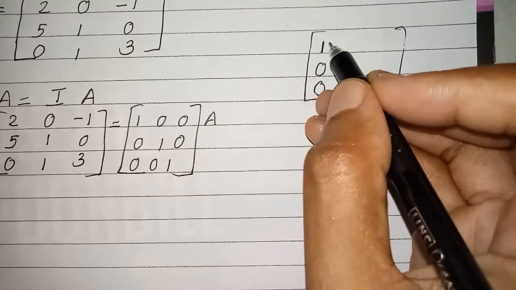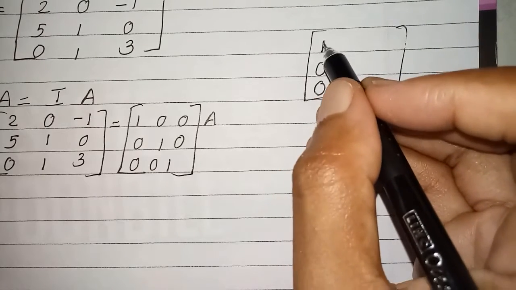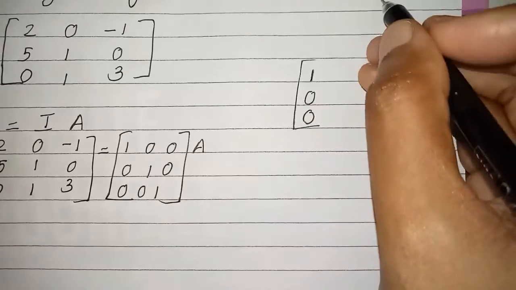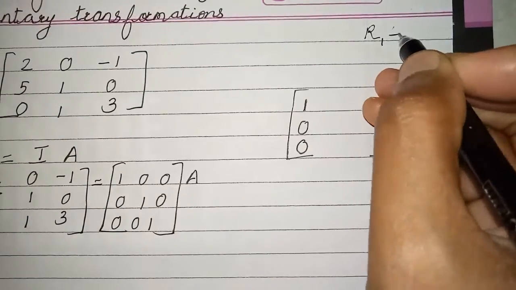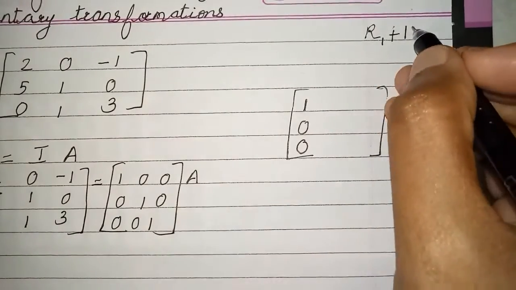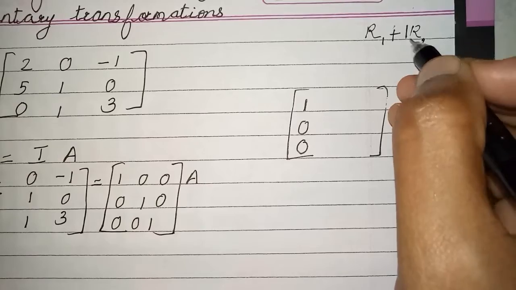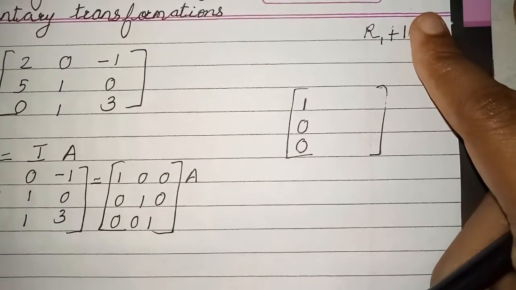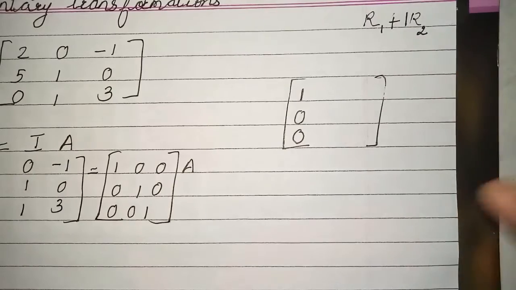But the problem is 1. From 1 you can get 0, you can subtract, but from 0 you cannot get 1 because you are not allowed row addition of a constant to an element. You can have scalar multiplication of another row and add it, but you cannot do R1 plus 1 or any other row plus 1.